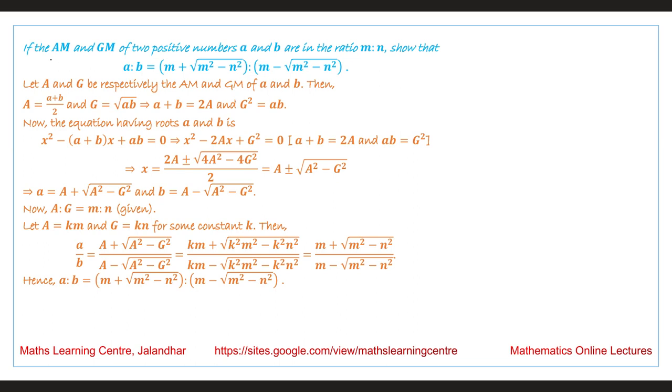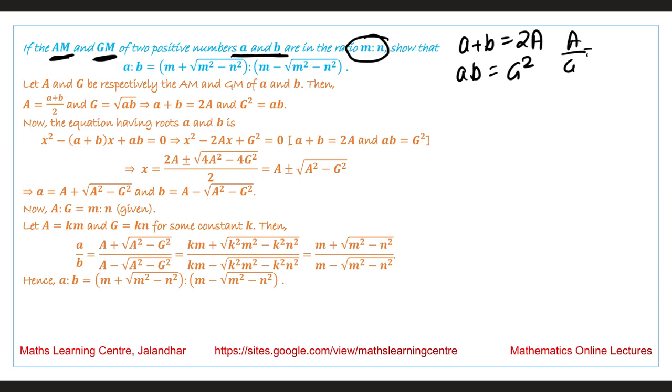Next is, if the arithmetic mean and geometric mean of two positive numbers a and b, it means a plus b is equal to 2 times A, the arithmetic mean, and a into b is given to be G square, from the geometric mean. The ratio of AM to GM is given to be m is to n, that is, the ratio of A to G is m is to n.